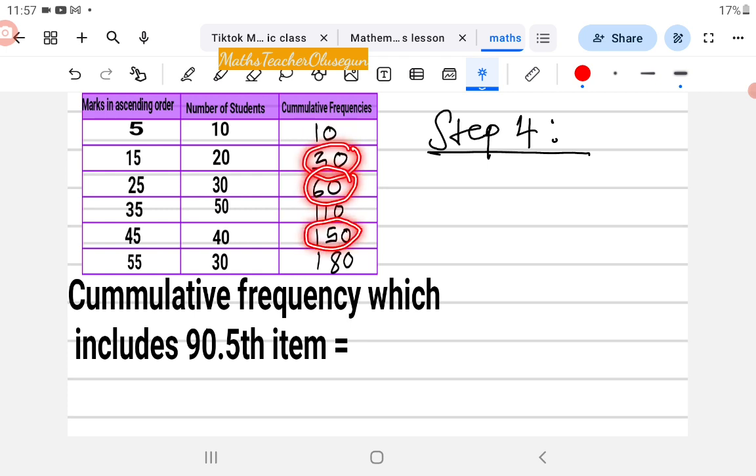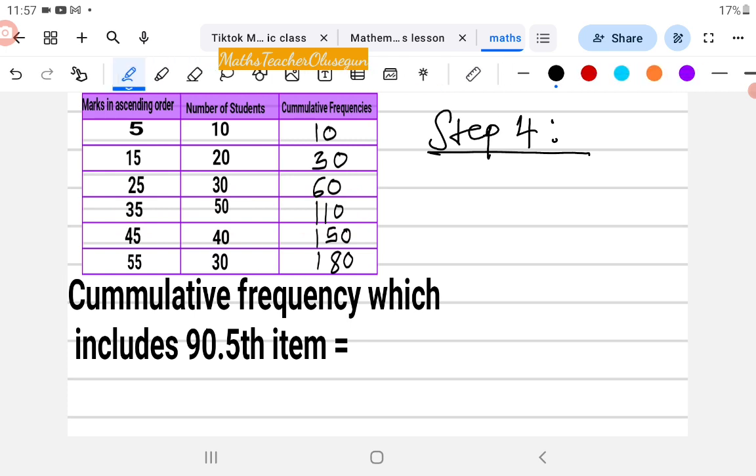It cannot be in 150 or 180 also. But it will be around 110. Remember that the number of students is 50. So what item is around this place? It is 110. Can you see? So it means 110 under the cumulative frequency.